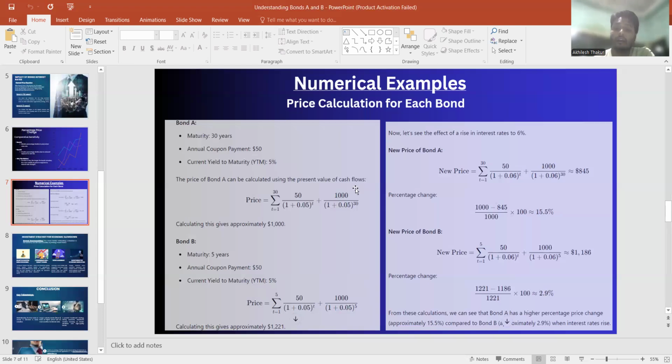Now, let's see the effect of a rise in interest rates to 6%. The new price of bond A is $845, a 15.5% change. And the new price of bond B is $1,186, a percentage change of 2.9%. So from this calculation, we can see bond A has a higher percentage change compared to bond B when interest rates rise.